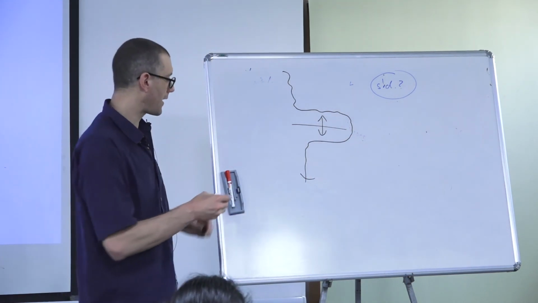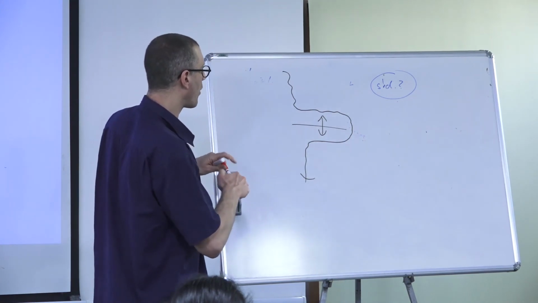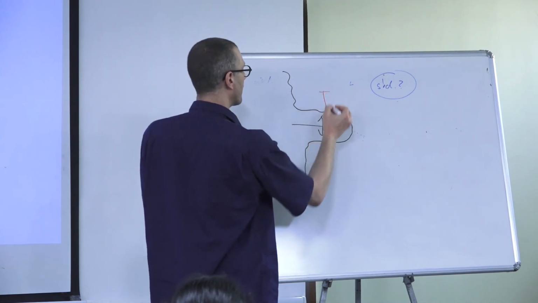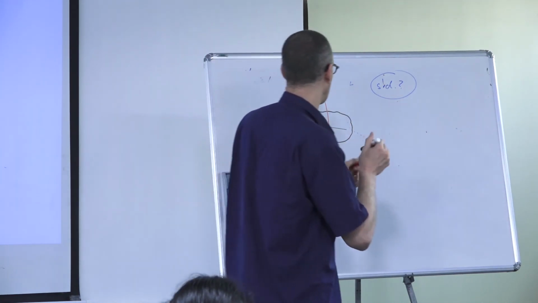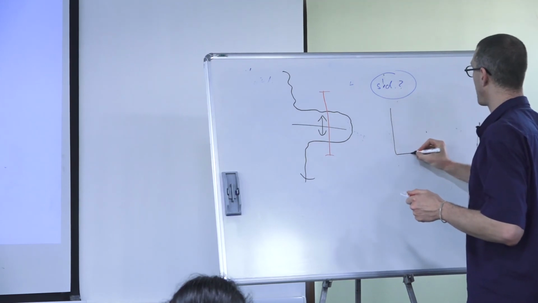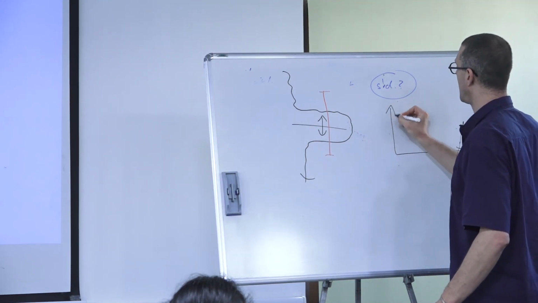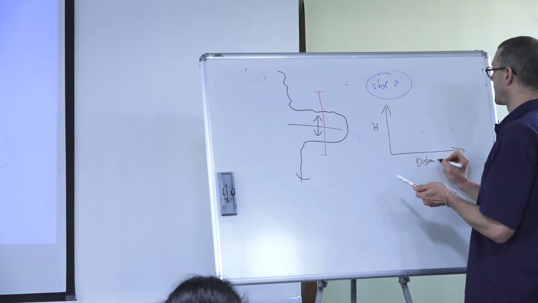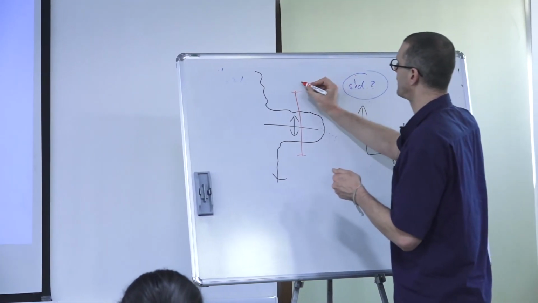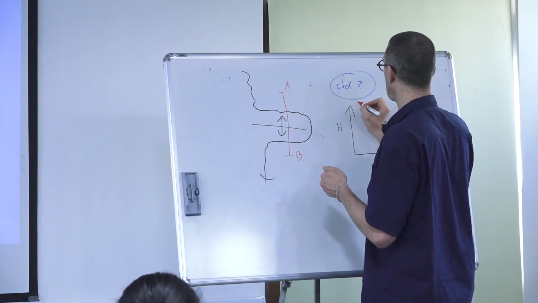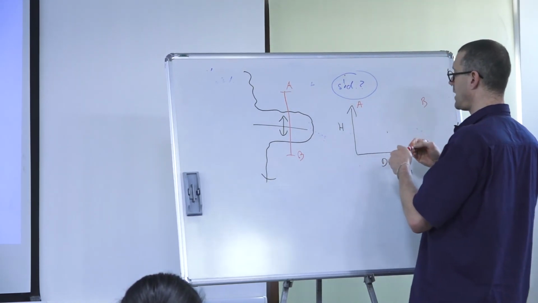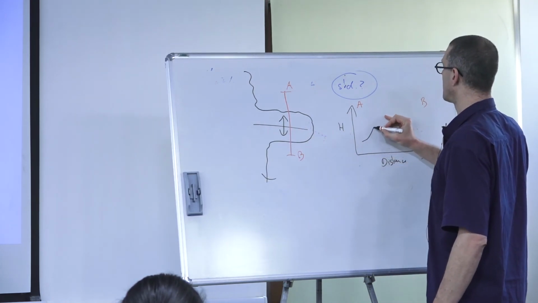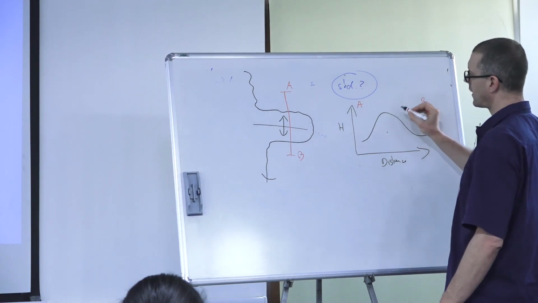And so if you now would draw a profile across this, this is the height, this is distance, this is A, B, then this would look something like this. I'm making it a little oblique.